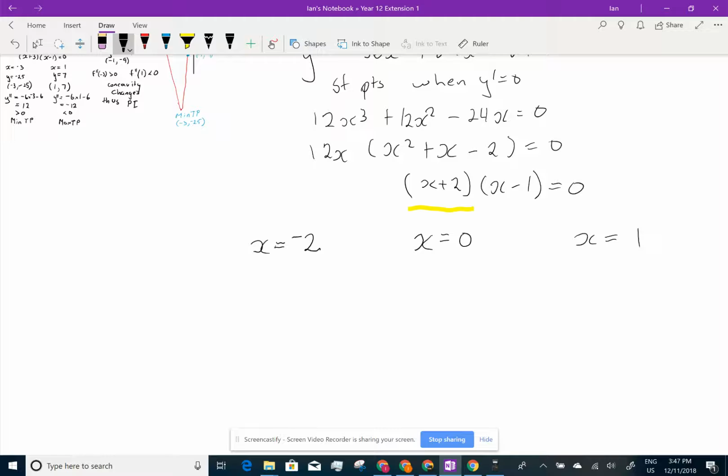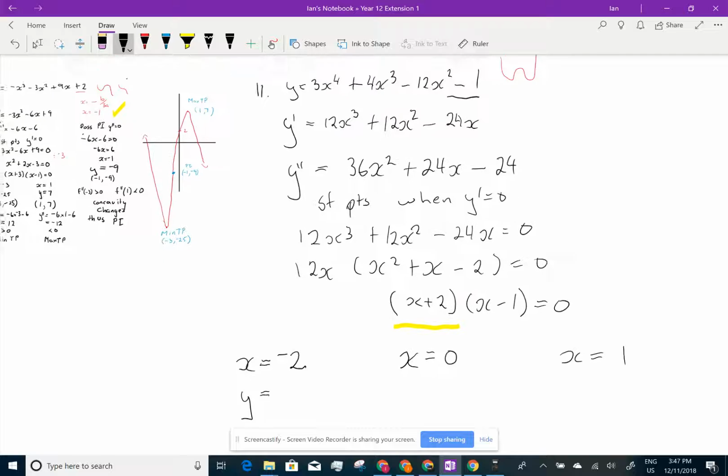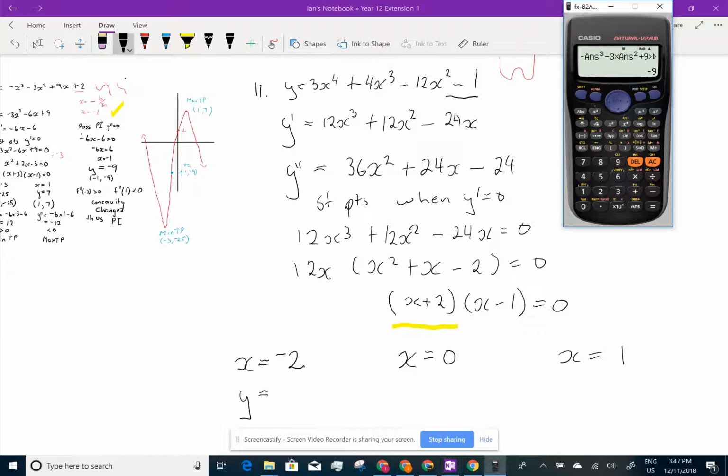So y equals, well, again, I'm going to go to my calculator and I'm going to do that nice bit of work that I did before. So clear all that, and I'm going to go negative 2, and that's my answer.